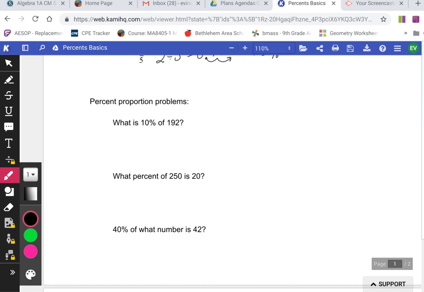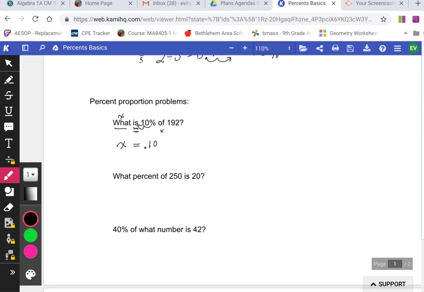So the first one is, what is 10% of 192? Since I don't know what is, that's going to be my variable. So I'm going to use an x. So x is means equals 10%. If I'm writing an equation, I want to change 10% into a decimal. So I'm going to move my decimal point 2 places to the left and use 0.10.